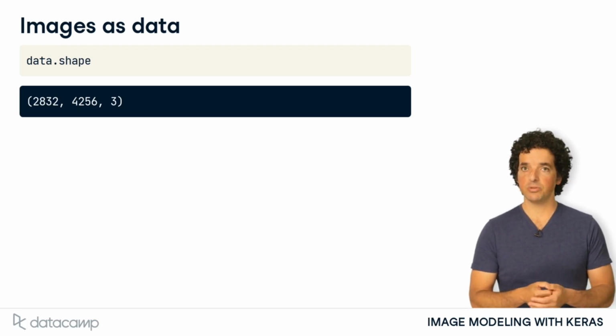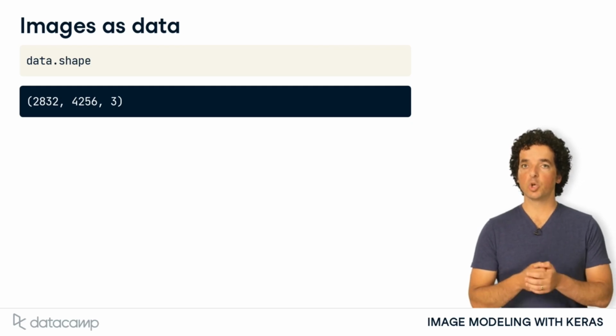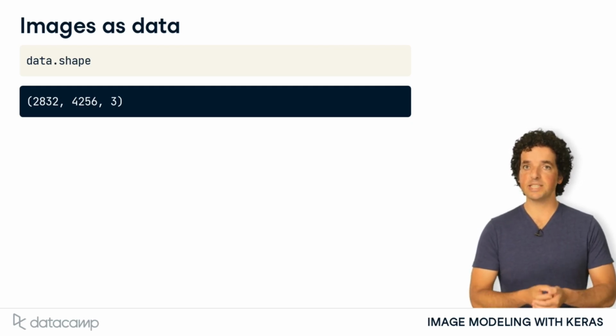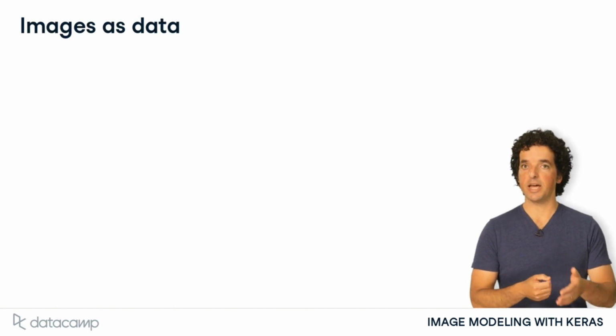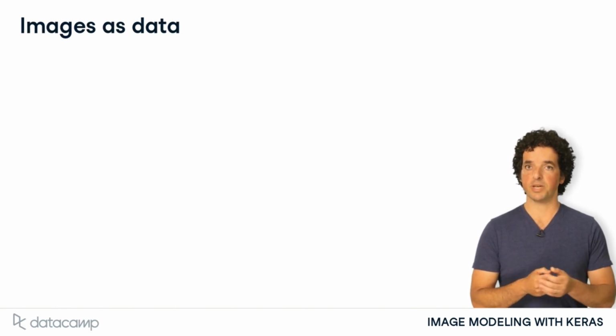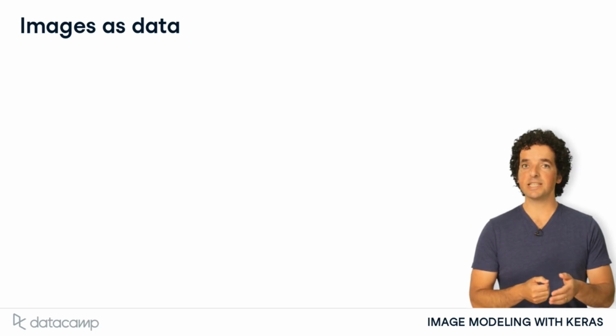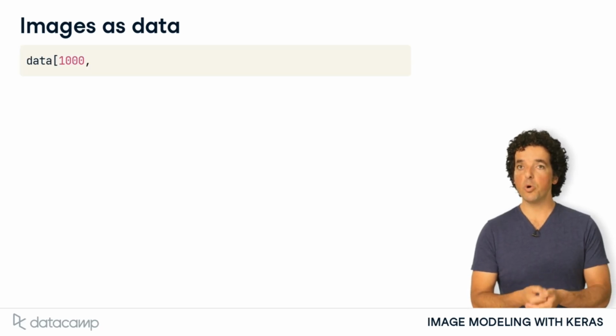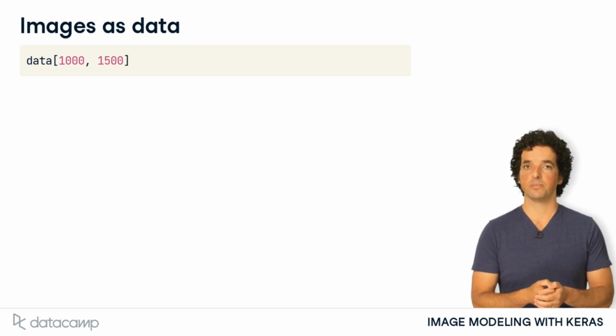The last dimension corresponds to the red, green, and blue colors present in each pixel. To examine the red, green, and blue data in a particular pixel in the image, we index into both of the spatial dimensions of the image. For example, when we index on both of the spatial dimensions, we can choose a pixel that is inside the stop sign by setting the row index to 1000 and the column index to 1500.